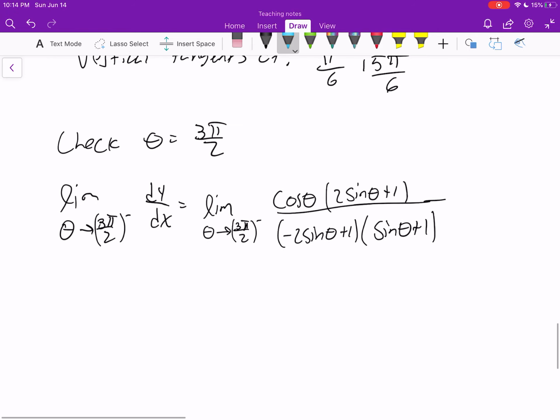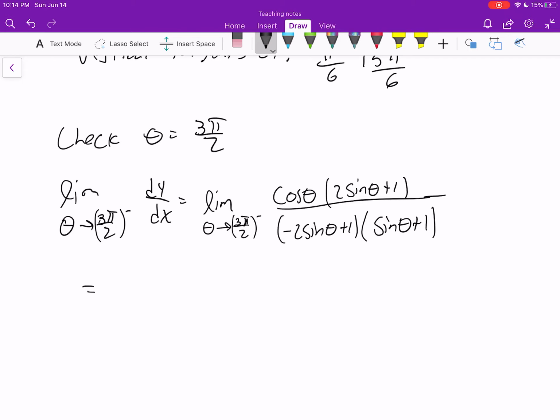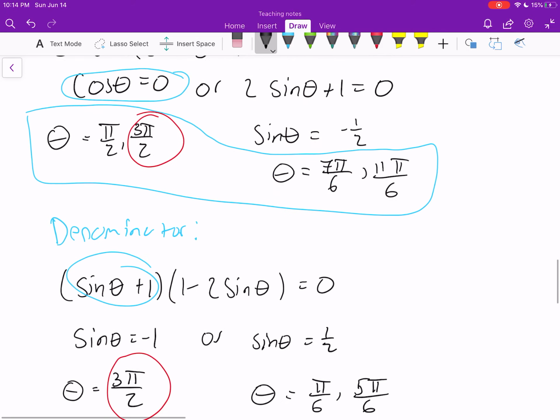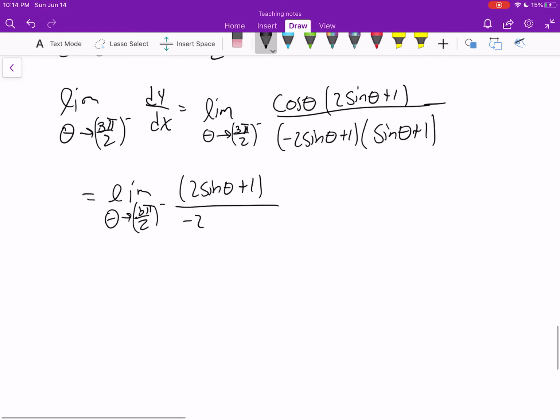So I can split this into two limits. This is the limit as theta approaches 3 pi over 2 from the left of 2 sine theta plus 1 divided by negative 2 sine theta plus 1, times the limit as theta approaches 3 pi over 2 from the left of cosine theta over sine theta plus 1.